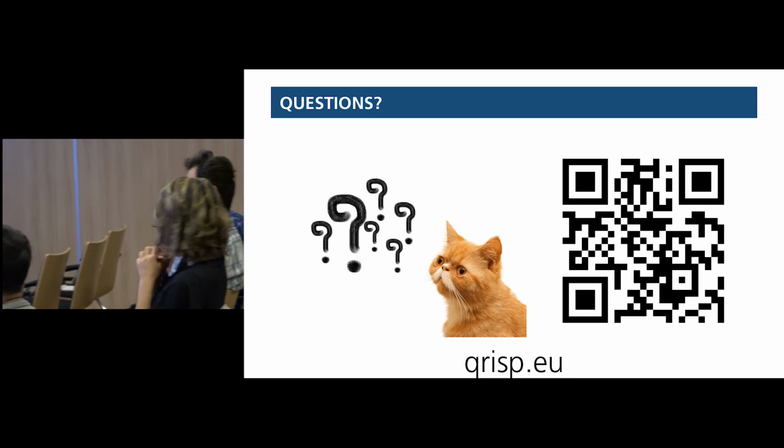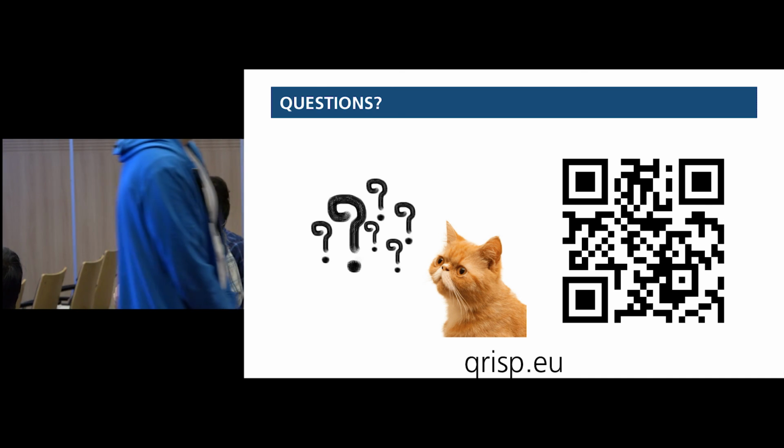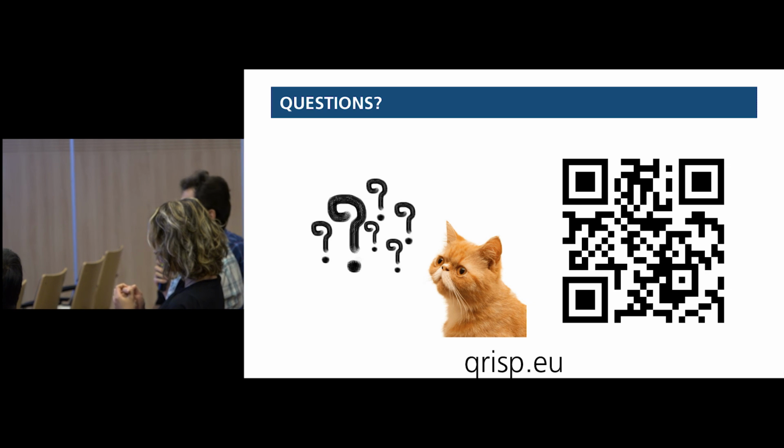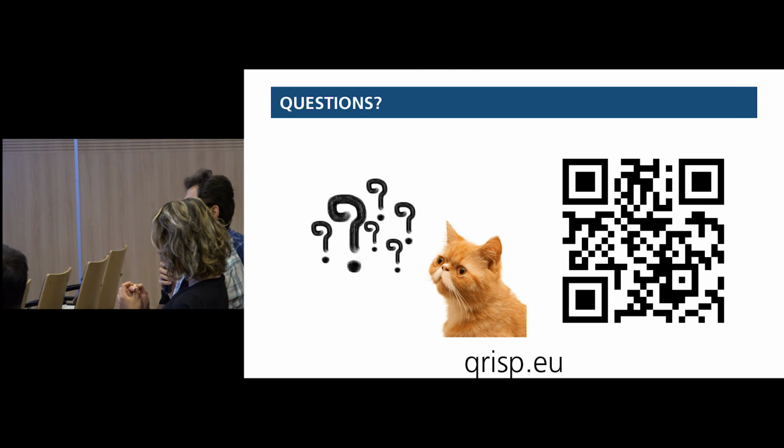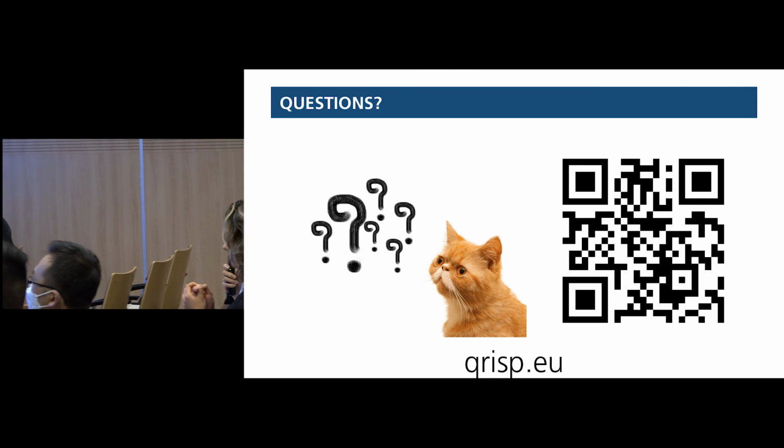Hi, I was wondering if you could offer a comparison to Microsoft's Q#, which I believe is often advertised as a high-level language with support for compilation to circuits. I was curious what the difference is. Yes.